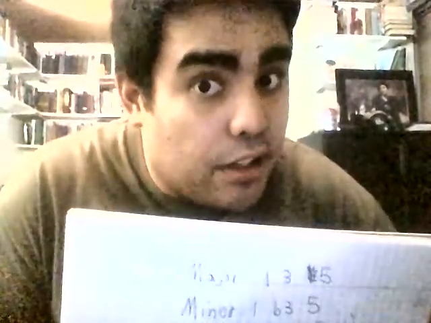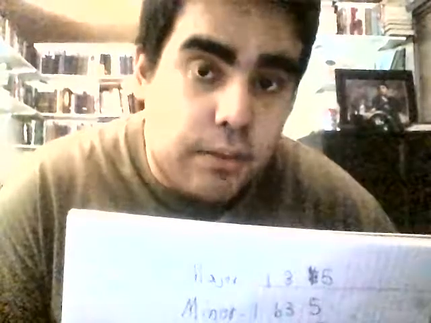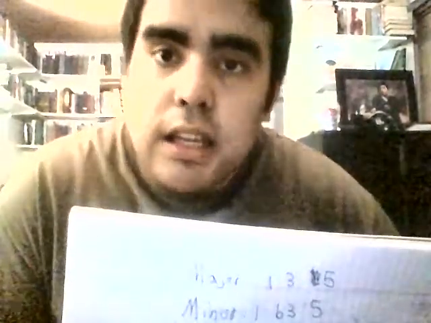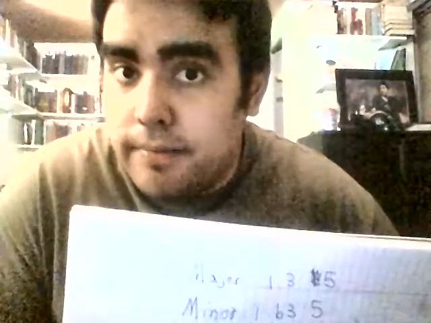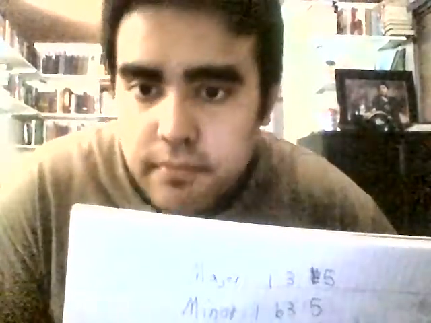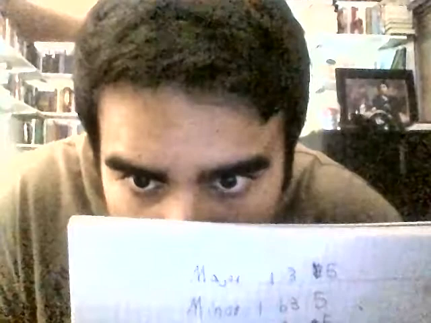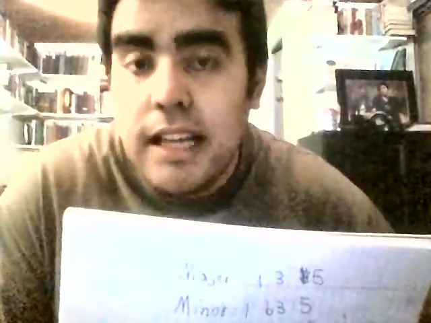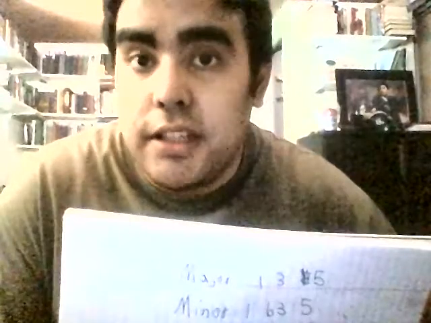But take that third, which is E, in C, and you're going to flat it a half step. E going down one half step is what? It's E flat. So the notes that comprise C minor are C, E flat, and G. Which is cool.